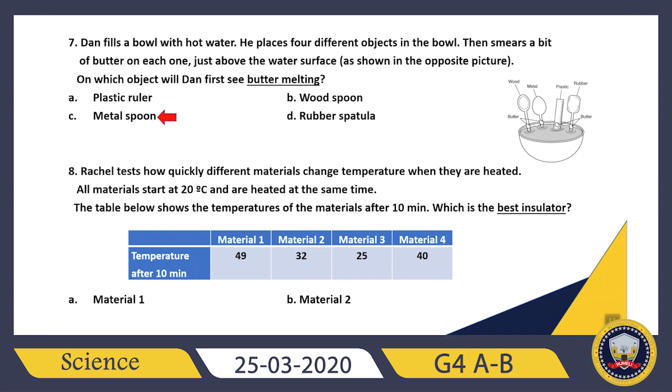So will it be 1, 2, 3, or 4? Which is the least number? 49, 32, 25, 40. Of course, material 3, because it stays at 25 degrees centigrade after 10 minutes from heating.